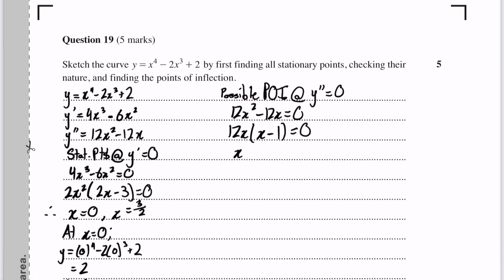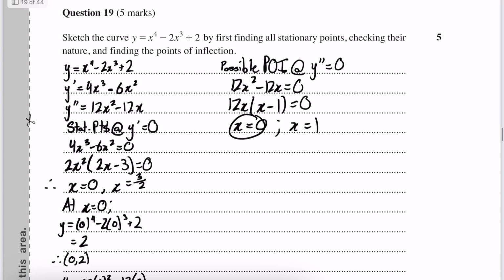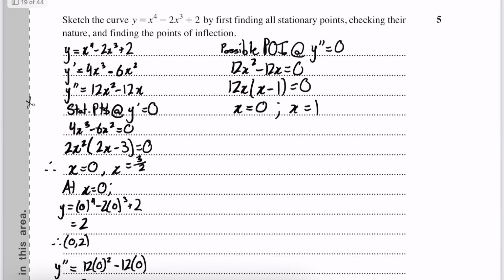And so x equals 0 or x equals 1. We already tested a point of inflection at x equals 0. Okay, so that's all done because that was tested over here. So now we just need to test x equals 1.